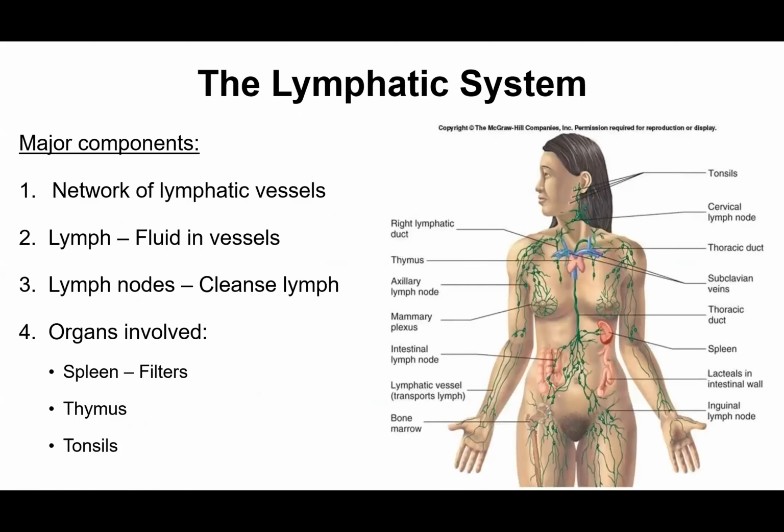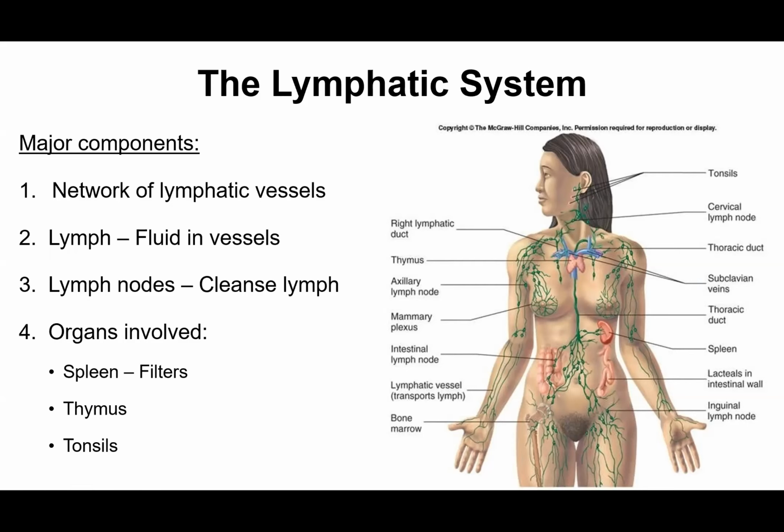So let's begin our discussion on the lymphatic system. It's composed of a lot of different things, but we're going to talk about some of the different vessels. Everywhere that you see green on this photo is the lymphatic vessels, all of the lines.